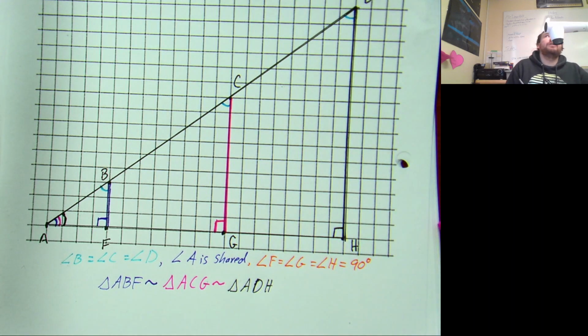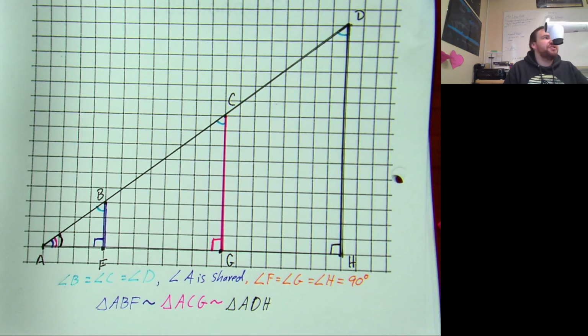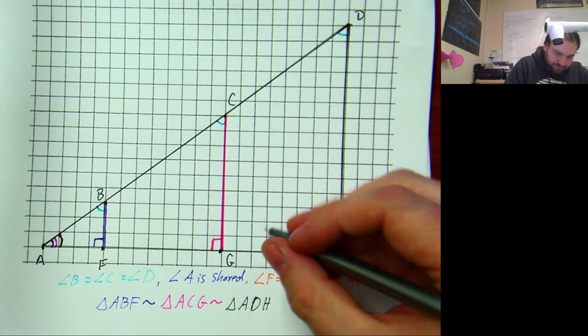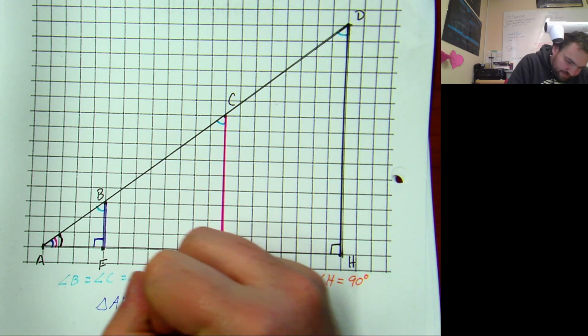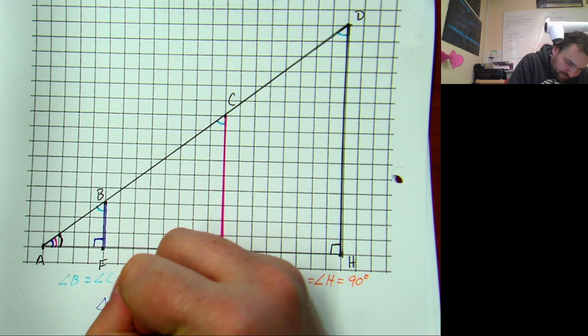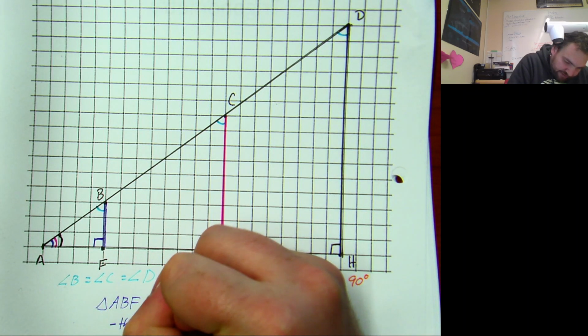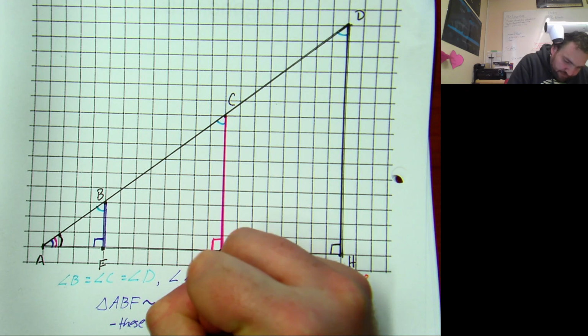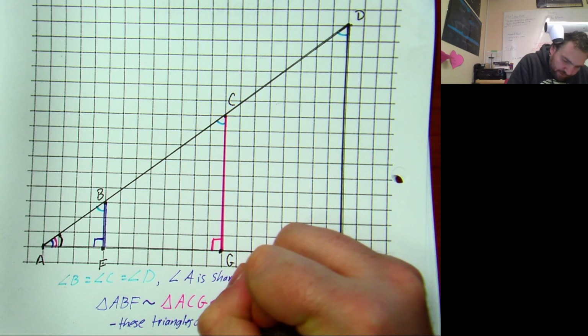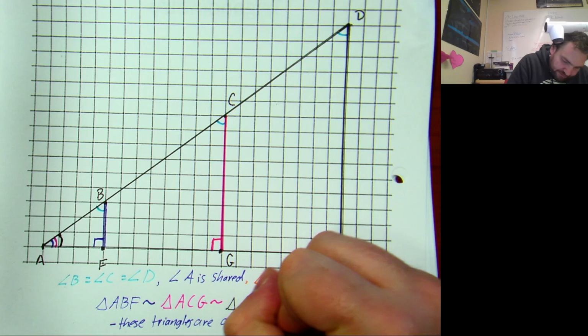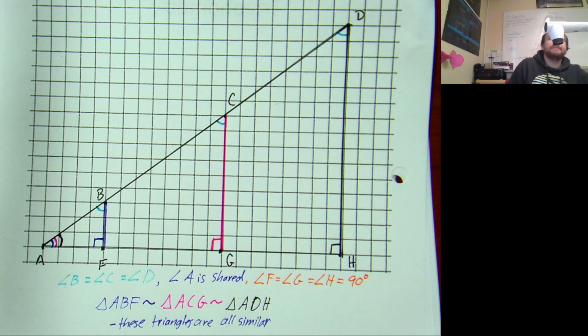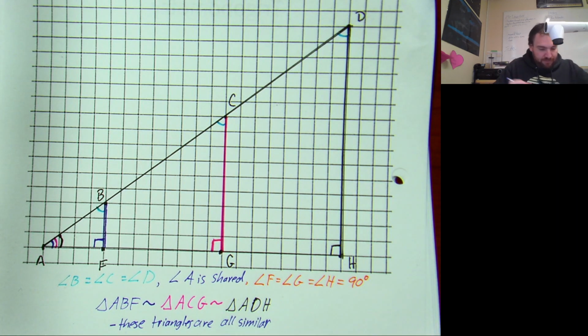And what that little squiggle means is that these triangles are all similar to each other. So these triangles are all similar. Why did you put a squiggle on the last one?